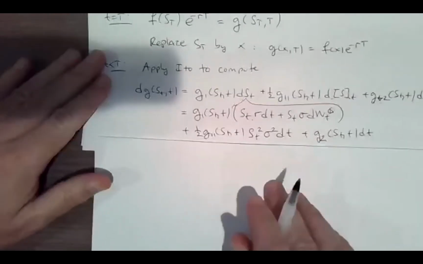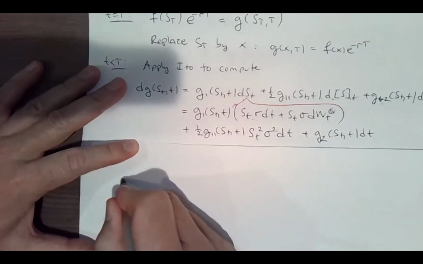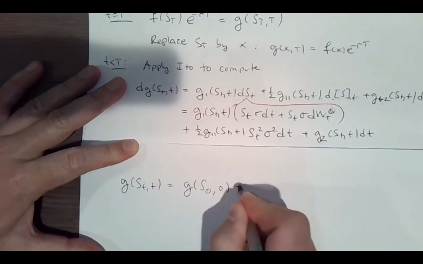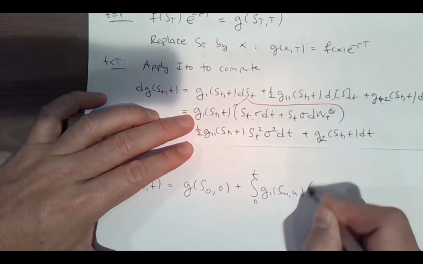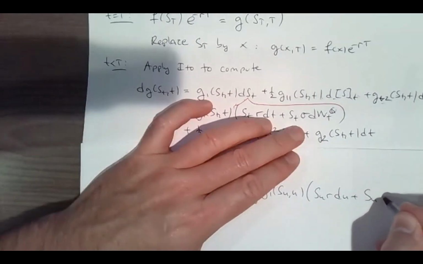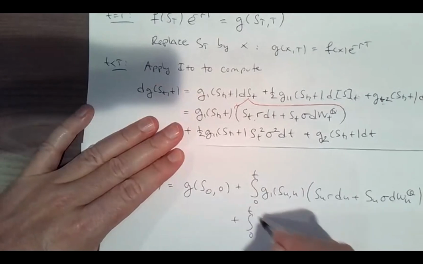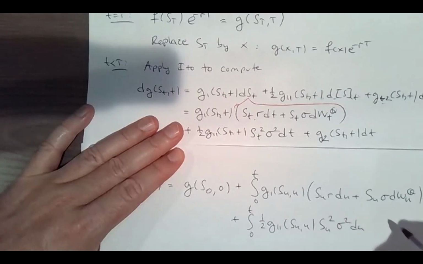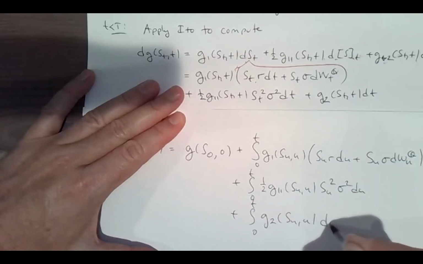If I were to write out the long way for this one, it'll be G of ST, T equal to the initial point plus integral from 0 to T of G1 of SU, U, SU R, du plus SU sigma dWU Q, plus an integral from 0 to T of 1/2 G11 of SU, U, SU squared sigma squared du, plus an integral from 0 to T of G2 of SU, U du.